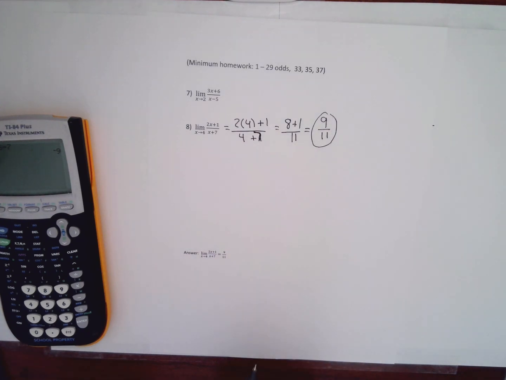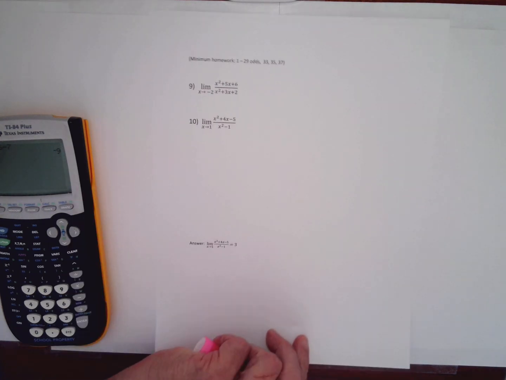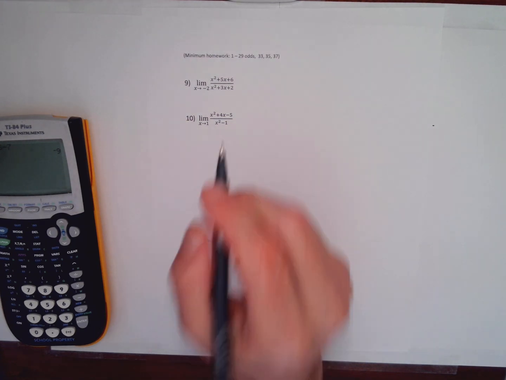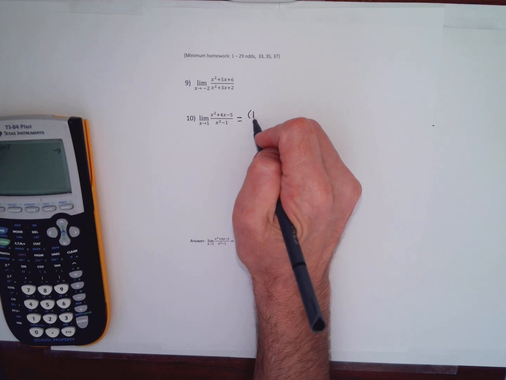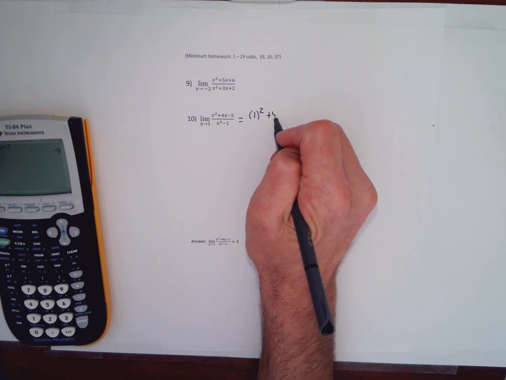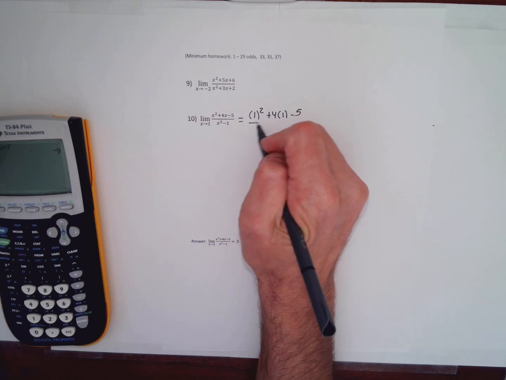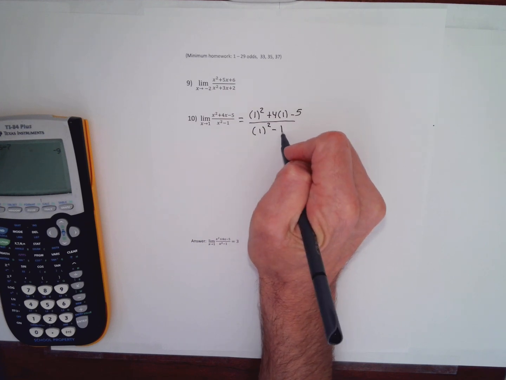So anytime I can plug the number in and get something that is just a nice real number, that's what the limit is. For problem 10, I'm asked to find the limit as x approaches 1 of the fraction x squared plus 4x minus 5 over x squared minus 1.